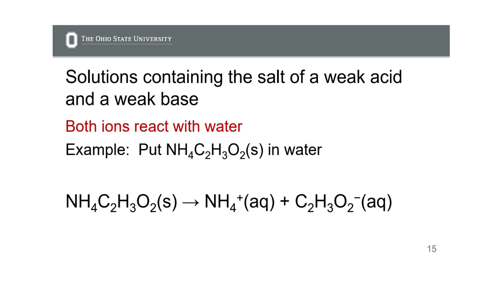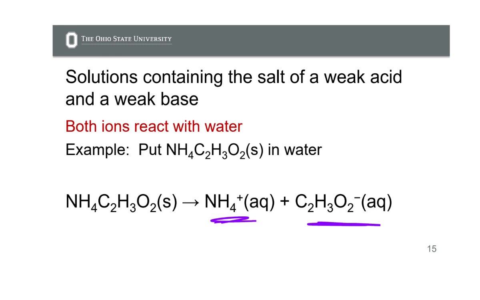Here is an example where we have ammonium acetate. We put this into solution and we get ammonium ion and acetate ion. Both of these can affect the pH of the solution. I know that this will not be on your exam, so we're going to skip over it. I still think it's really interesting and helpful.